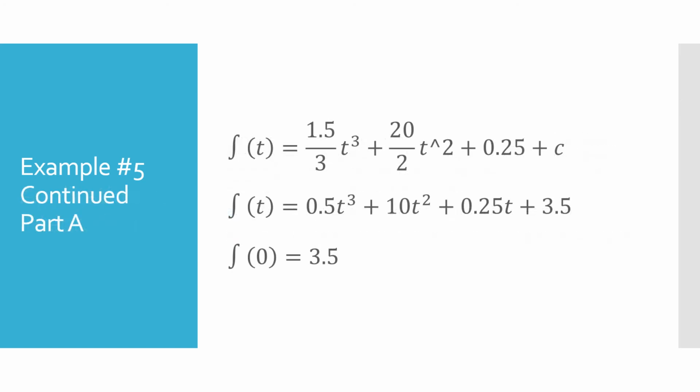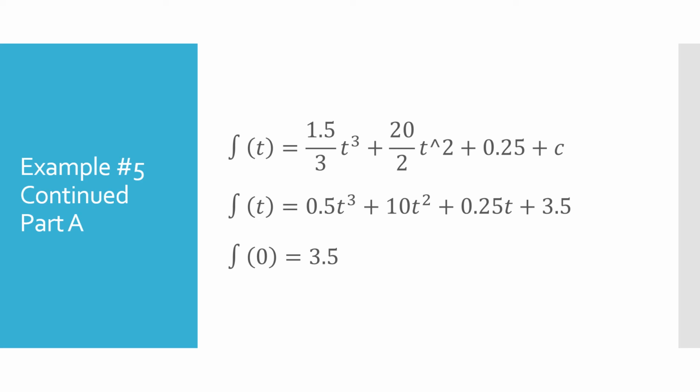To begin working on the problem, you will first need to take the antiderivative of the original equation. Thus, 1.5t squared will become 1.5t to the third divided by 3. And 20t will become 20 divided by 2 t to the second, and 0.25 will become 0.25t. And you'll need to keep the c on the end as well.